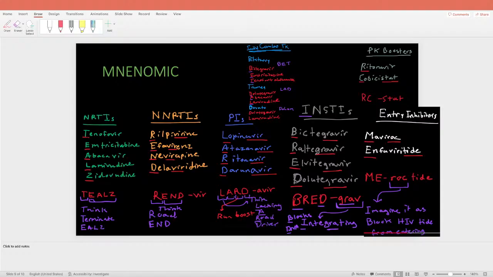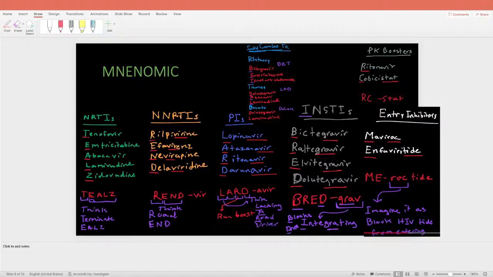This last one was just a snippet from the short here, the entry inhibitors. I actually like the one where it said enfuvirtide, like fusion. You could say fusion, FU in the enfuvirtide name, and the other one's like rock.